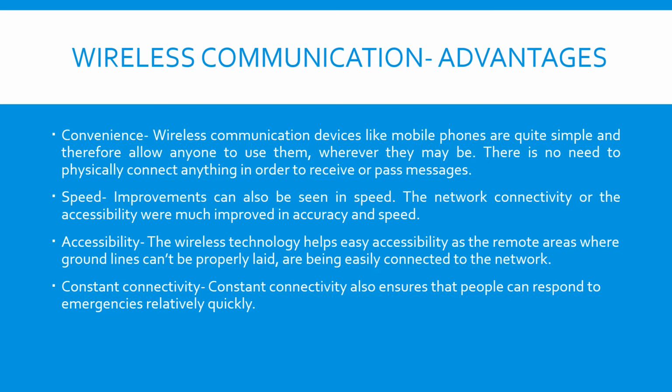As we can see, we have mountains, we have so many rivers, and any area through which we cannot connect with the help of a physical line, we cannot go across the oceans, we cannot lay a cabling system throughout the ocean to connect to a particular network or some other country.